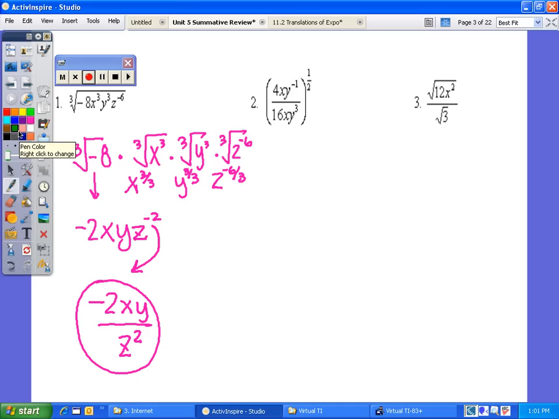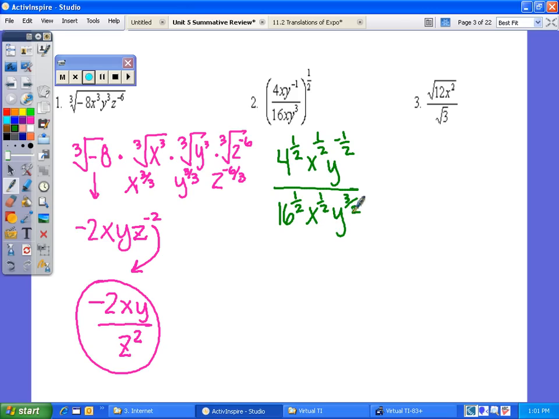Alright, next one we did in class, so I'm not going to do that one too much. I'm just going to write down what we had in class. Four to the 1/2 is 2. 16 to the 1/2 is 4.